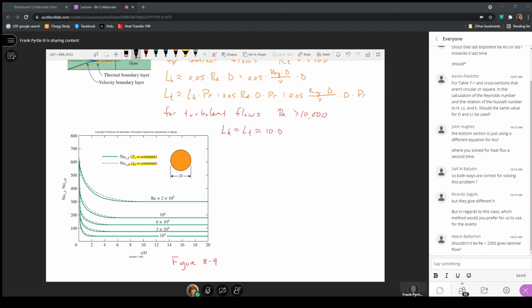And all that means is if I have a pipe with fluid flowing through it with a given mass flow rate, here's the second pipe, I can consider that I keep the surface temperature of the pipe a constant, or I can consider the problem where the heat flux on the surface is a constant.